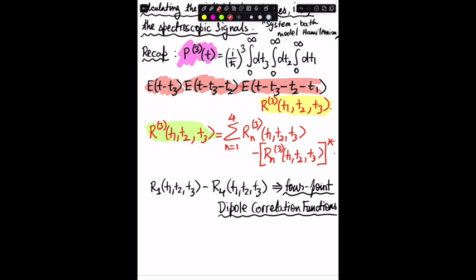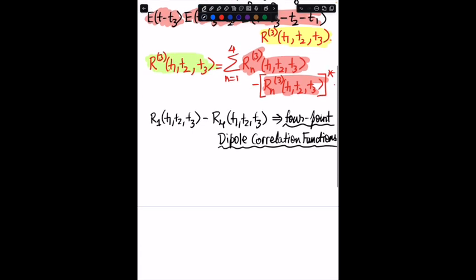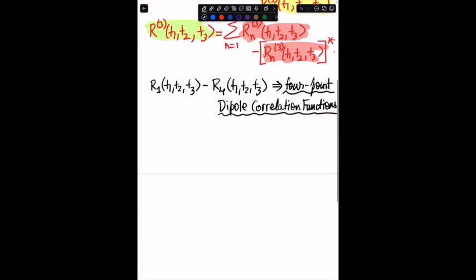In this case, we are considering 2D spectroscopy, and so these contain the signals on your 2D spectrum, and they are your 4-point dipole correlation functions.